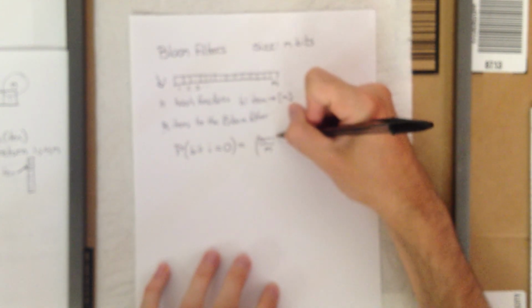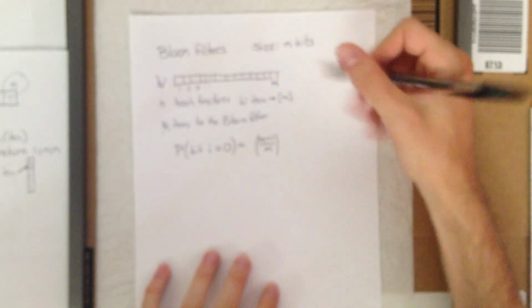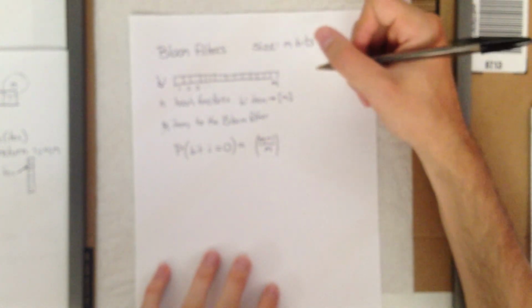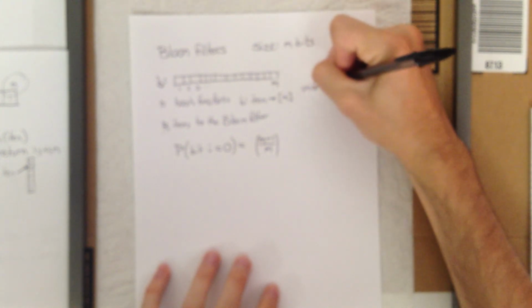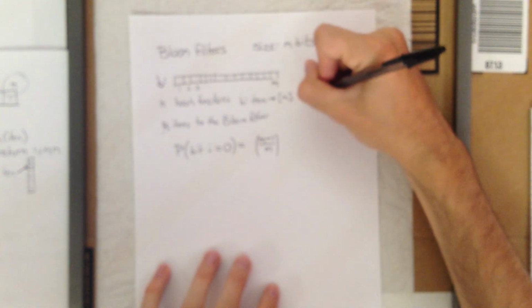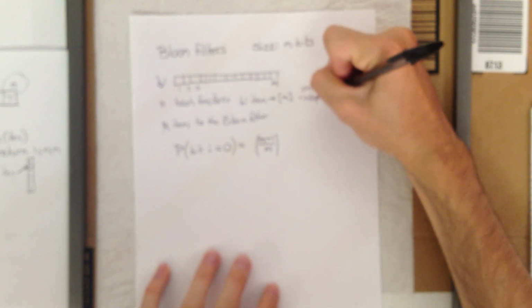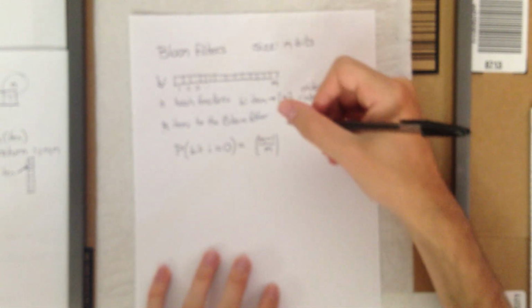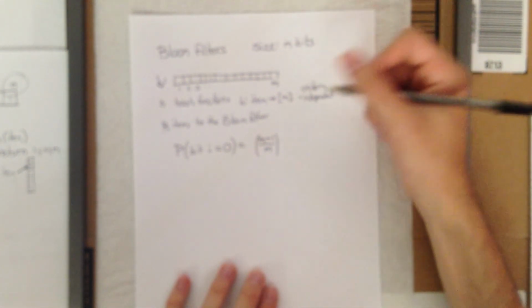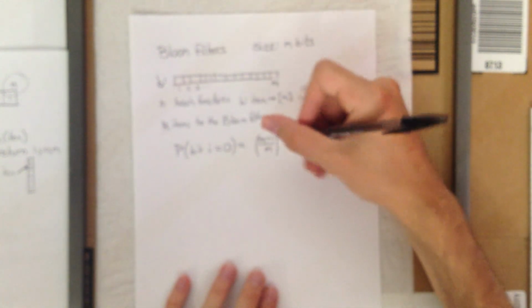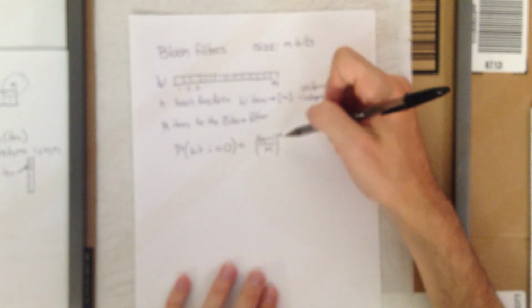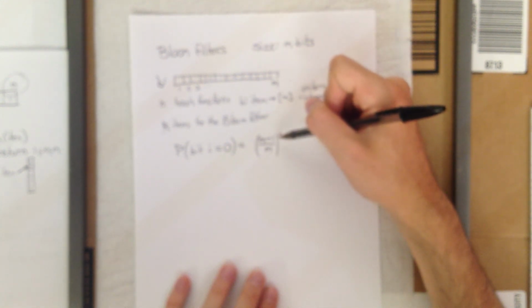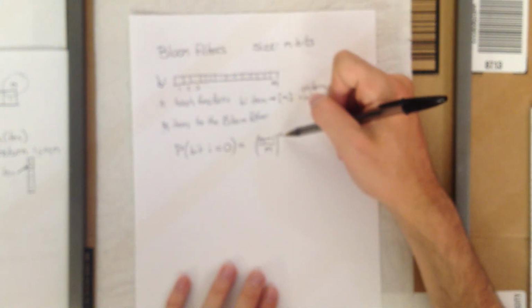And because we're making an assumption, and I didn't mention this earlier, that these hash functions are both uniform and independent, because they're independent, we can multiply their probabilities. So when we apply n hash functions, the probability that none of them flip the ith bit from 0 to 1 is ((m-1)/m)^n.